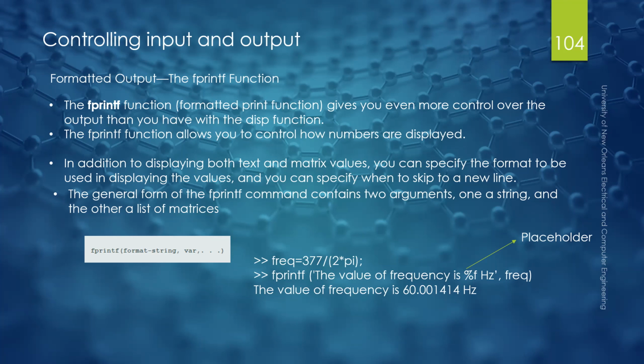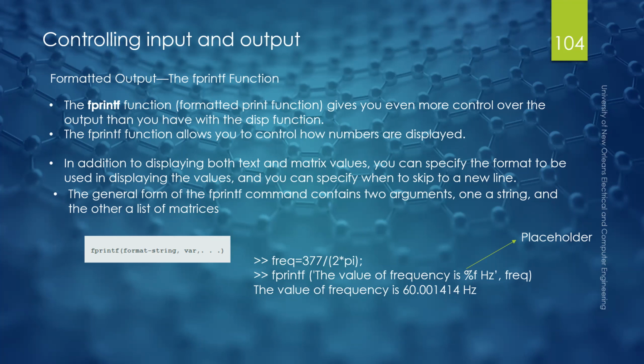What the fprintf function does is it gives you output that is formatted. It's the formatted print function; that's what the short name stands for. It gives you even more control over the output than the DISP function. There's not a whole lot of control with DISP, but fprintf has a lot more. The function allows you to control how numbers are displayed.